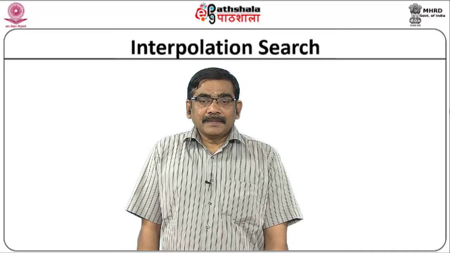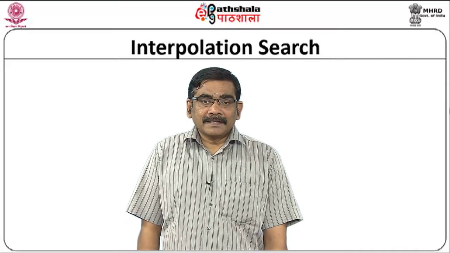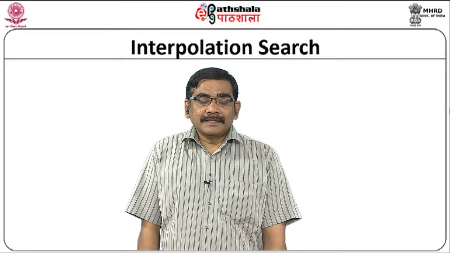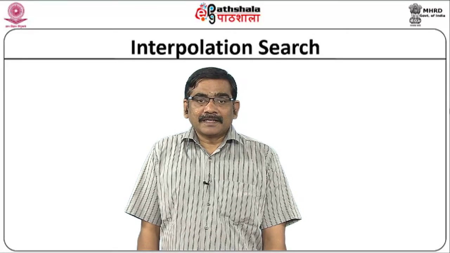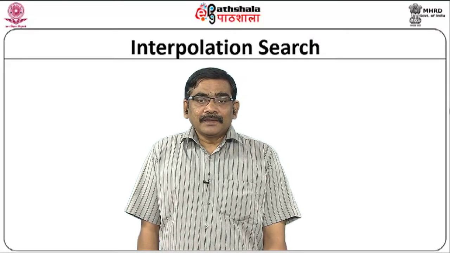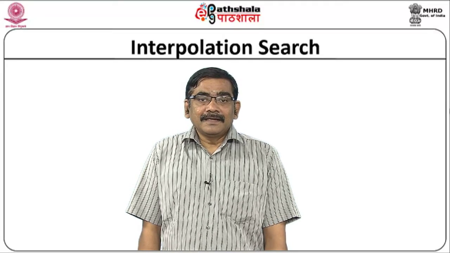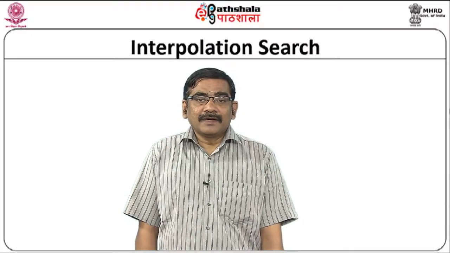Another beautiful example is interpolation search, which comes under the category of decrease and conquer. This comes under the category called decrease by variable factor algorithms. You can just recollect how binary search was better than linear search by reducing the search space by half.